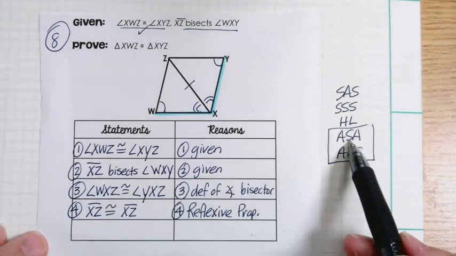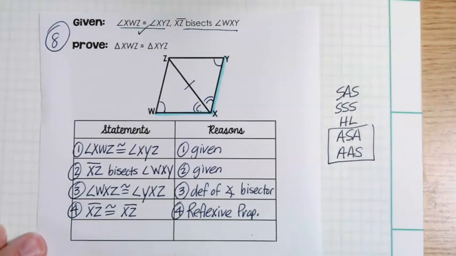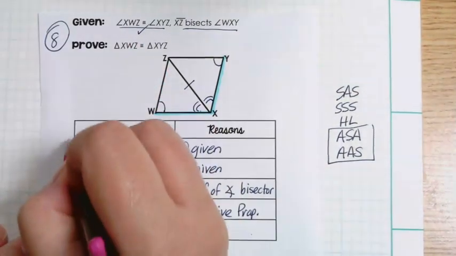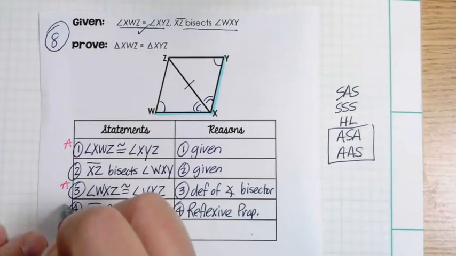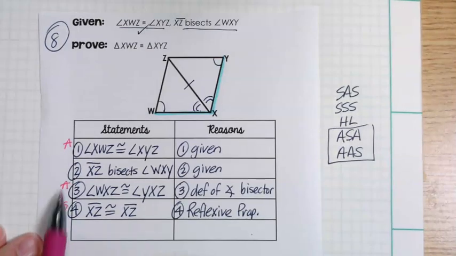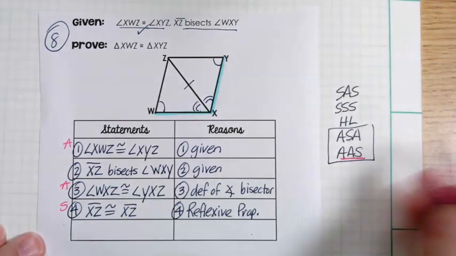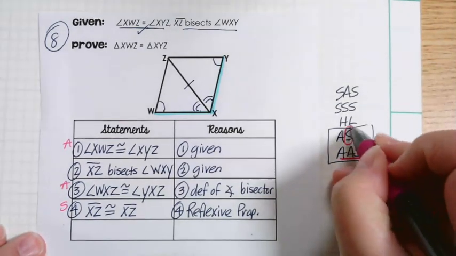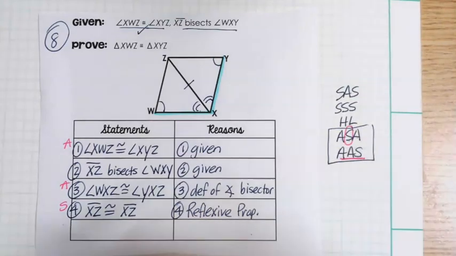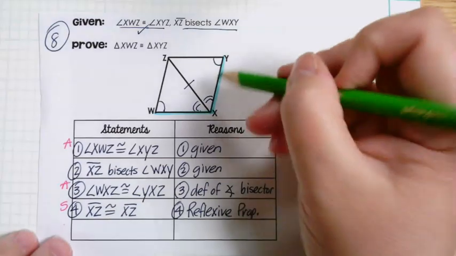Remember that what matters here is not the order in which I said it. In other words, I mentioned a pair of angles here, a pair of angles here, a pair of sides here. It's nice to take stock of that and go, yeah, I have 2 A's and an S. But that doesn't mean it's necessarily this one. I have to look and see if the side is between the 2 angles or not. So let's look at where is between the 2 angles.